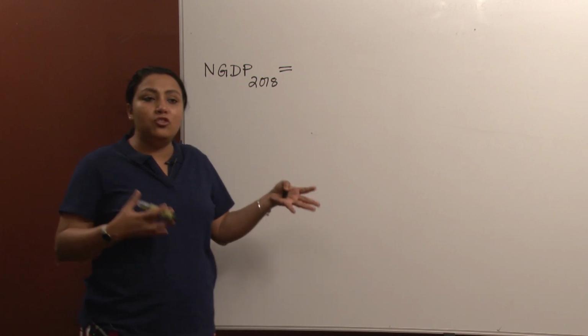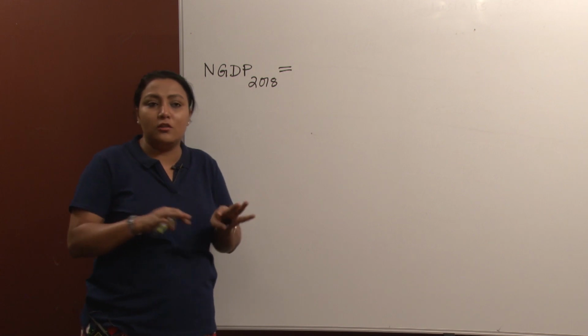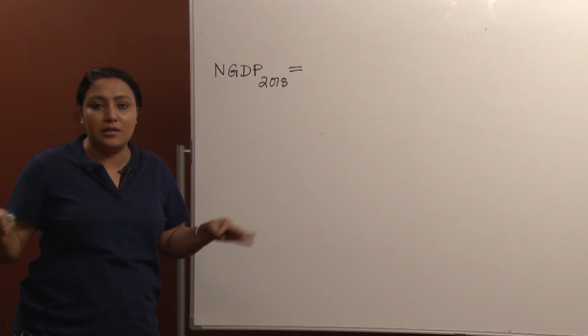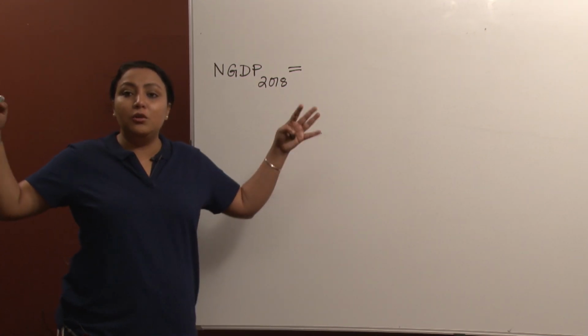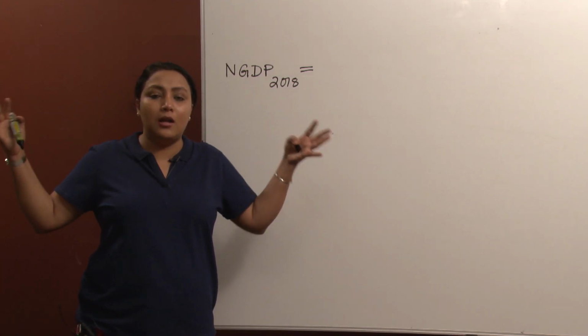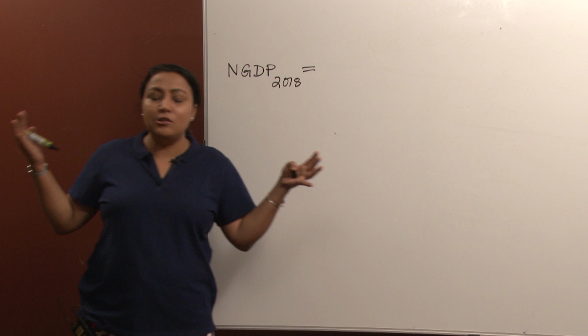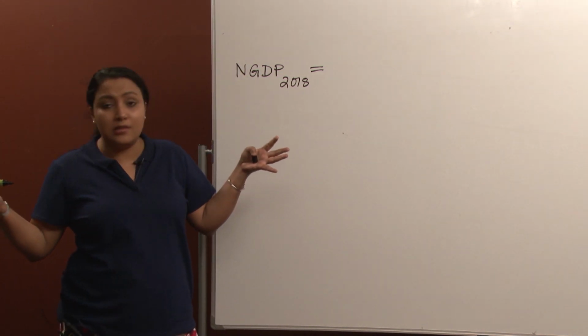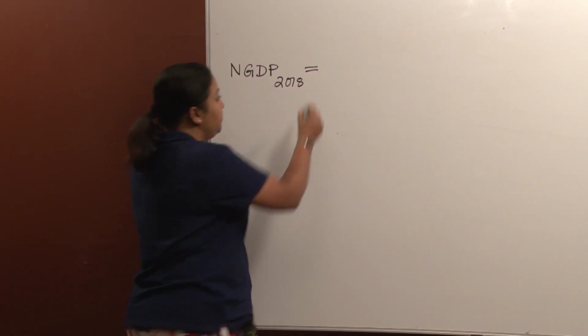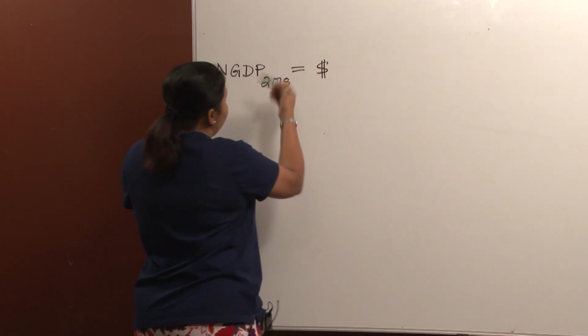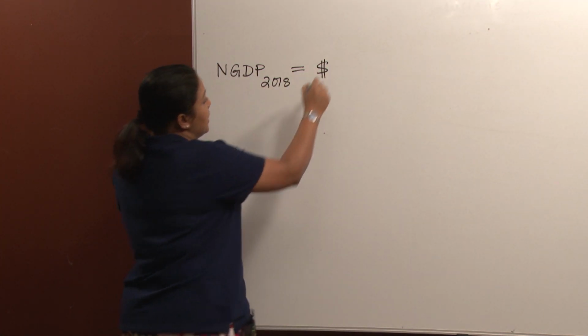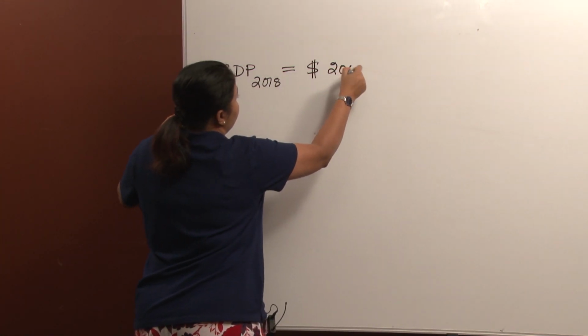So if you just Google what is the nominal GDP of United States in 2018, you will see a very big dollar number, maybe something like $17 trillion. Roughly it is $17 trillion right now for United States. So it's a dollar value, correct? Let's say for 2018, let's make it simplistic and say this was $200.